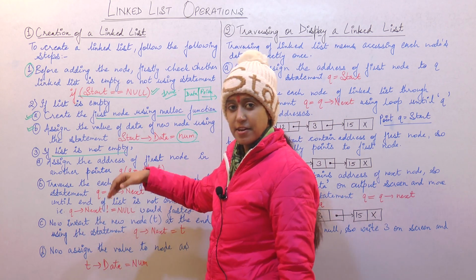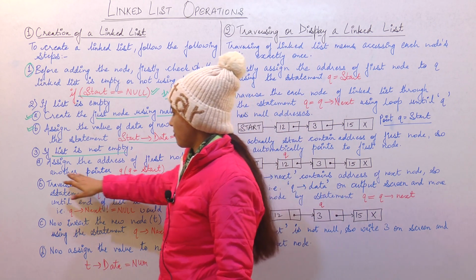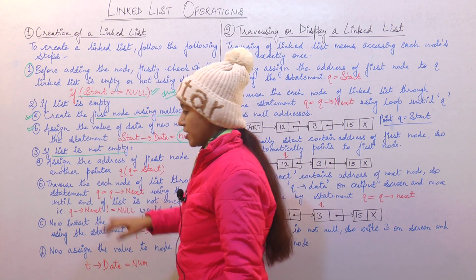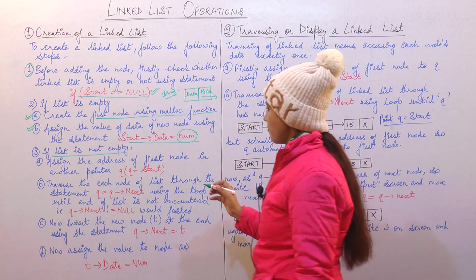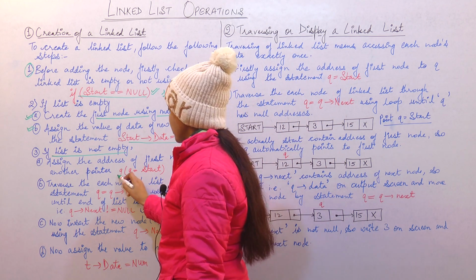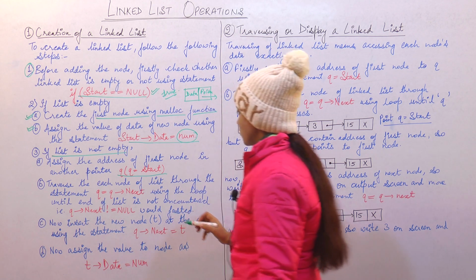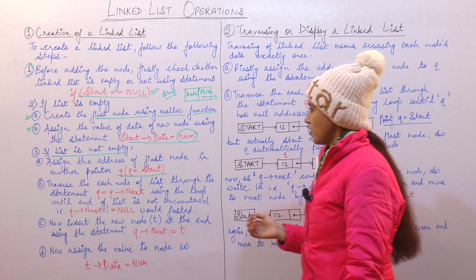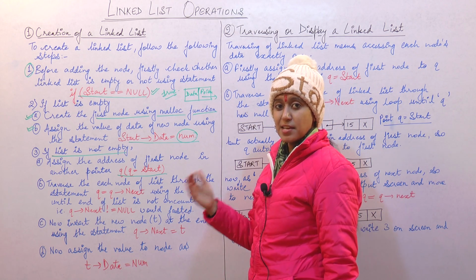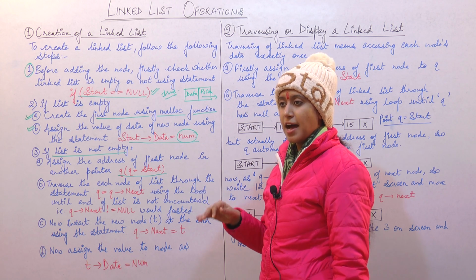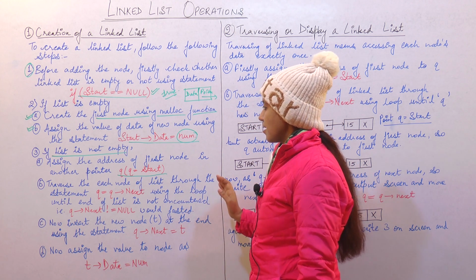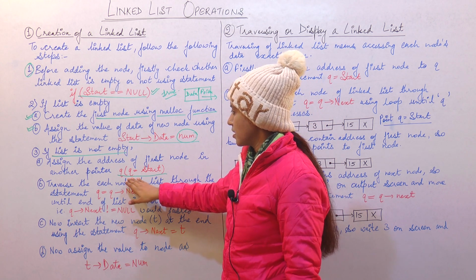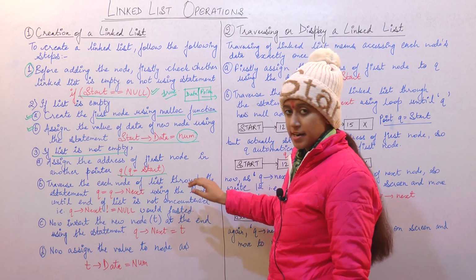For adding one more node, the first step is to assign the address of the first node to another pointer using the statement q is equals to start. Another pointer means the one used to reach the last node that the linked list contains.